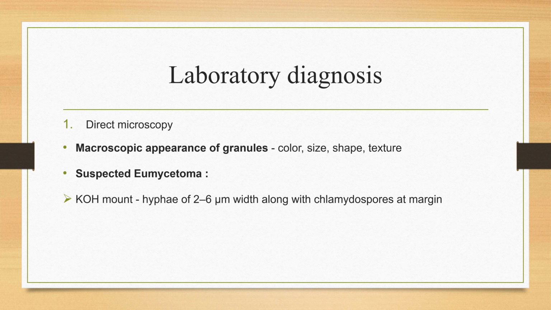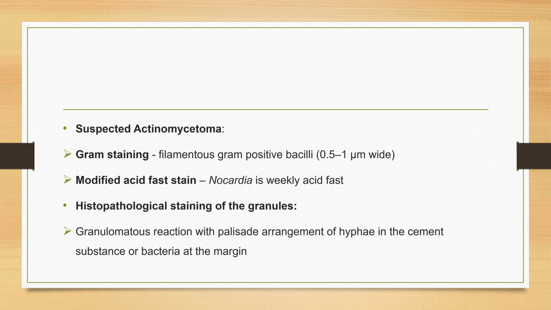In suspected eumycetoma, in the KOH mount, hyphae of 2 to 6 micrometers along with chlamydospores at the margin can be observed. In suspected actinomycetoma, in Gram staining, as it is caused by bacteria, filamentous Gram-positive bacilli, approximately 0.5 to 1 micrometer wide, are seen, and in modified acid-fast staining the Nocardia is basically identified as weakly acid-fast.